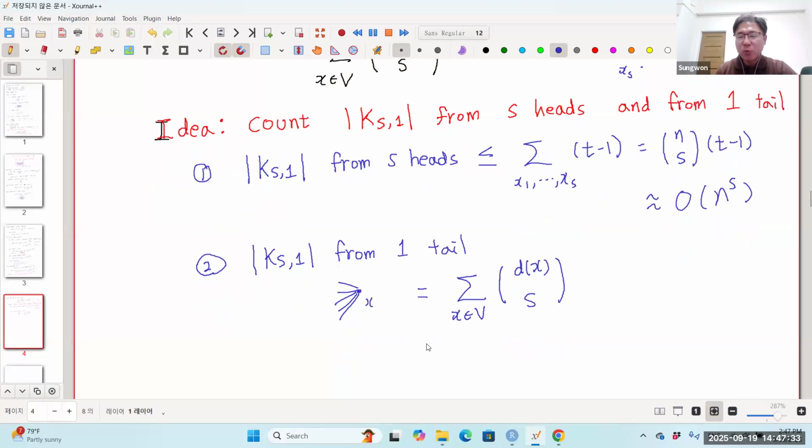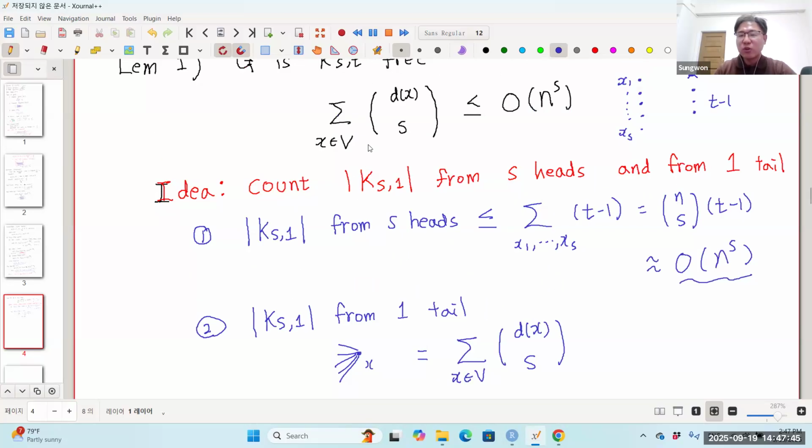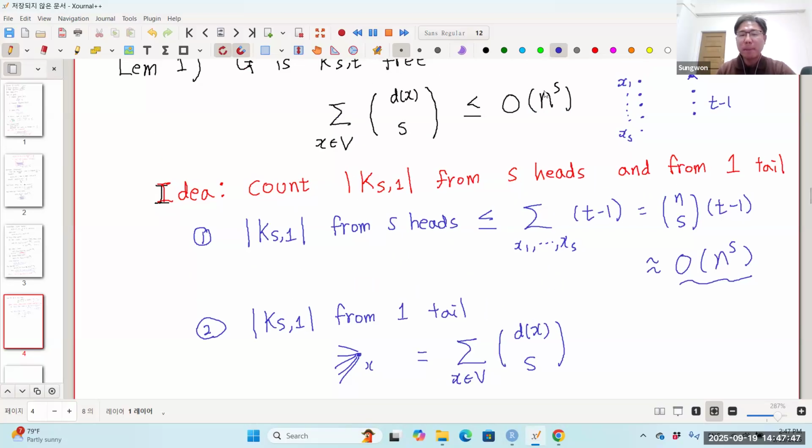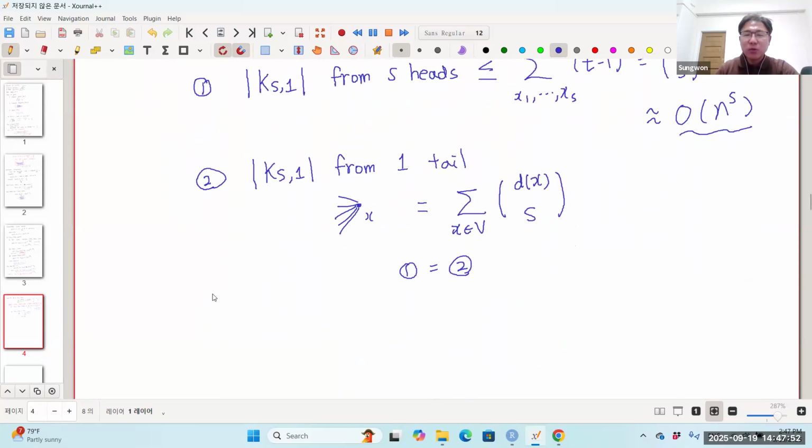So here you have 1 equal to 2, and this is 1, and 2 is that, but it will be bounded above by the order of n to the s. So you have this equality. And here's a corollary, actually. That's what I'm going to use.